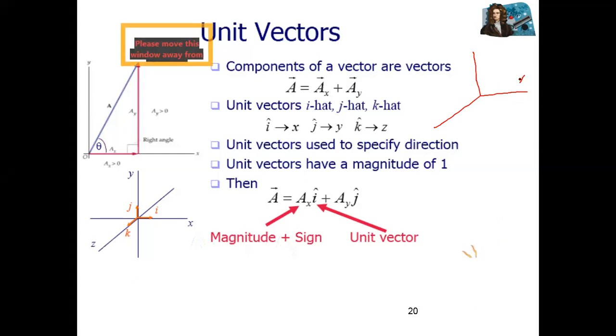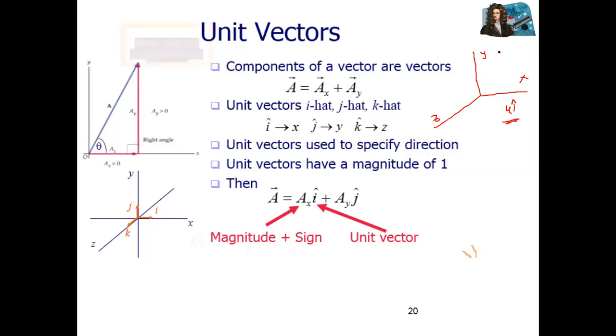So when you write, for example, 4i, I is for the x-axis. This means that this vector is along the x-axis. This is just notation. We use i for the x-axis or a vector along the x-axis.